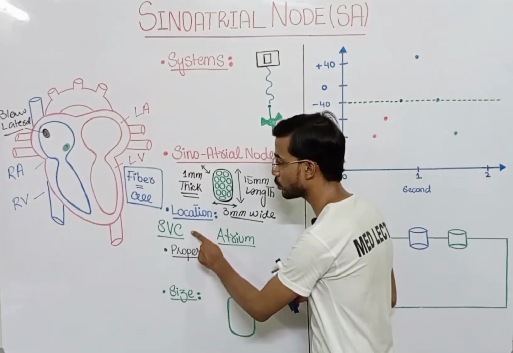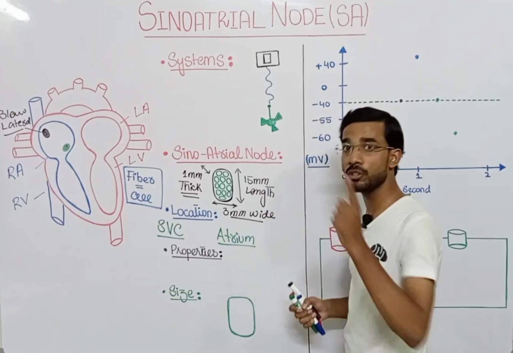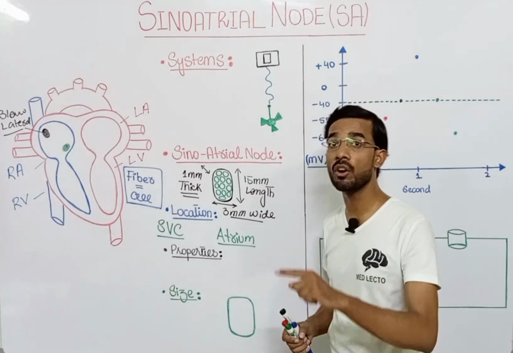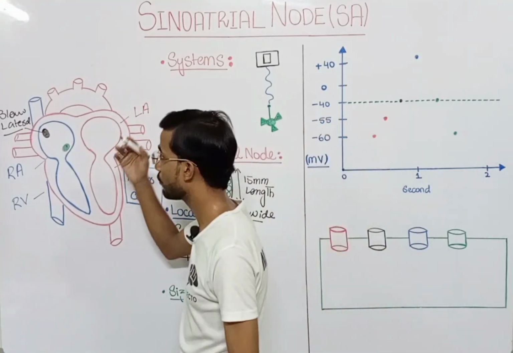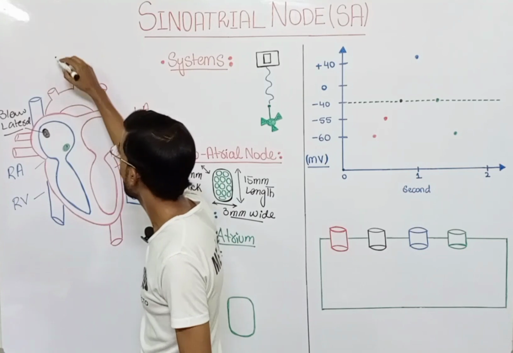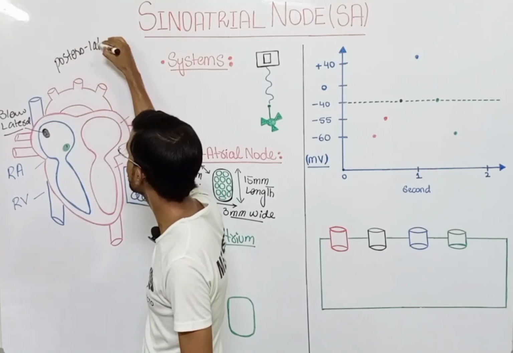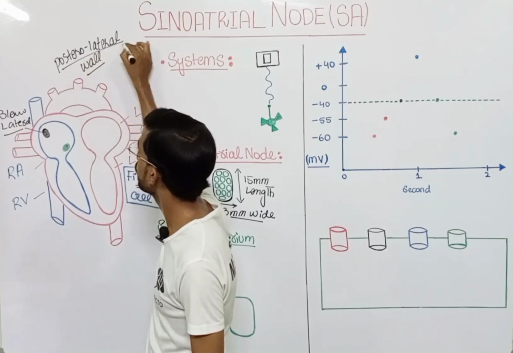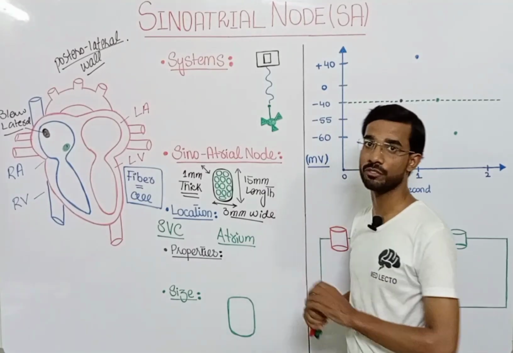According to the atria, the SA node is present in the posterolateral wall of the atrium. So here is basically the location of the SA node.